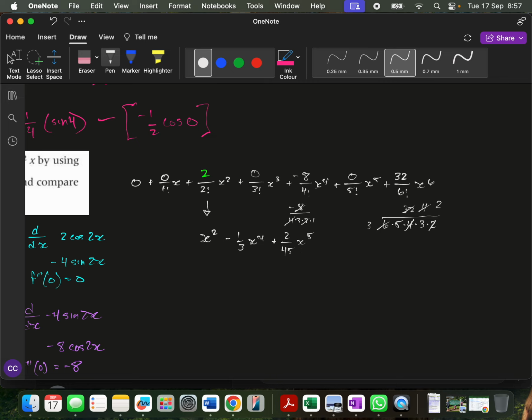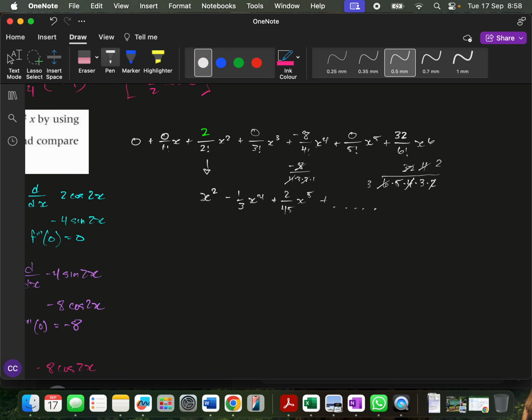So we know what that series is going to look like. Now what we have to do is figure out how we can write this as a sequence. Right away, my first term is when n is 1, because it's the first term of this series.